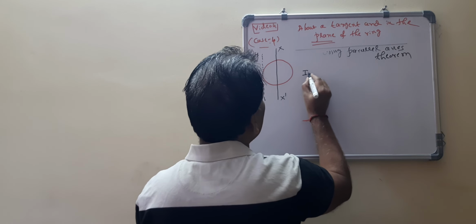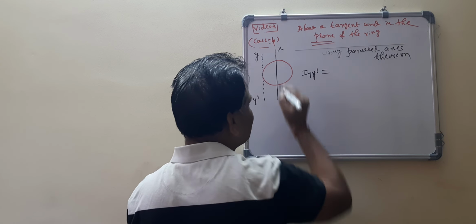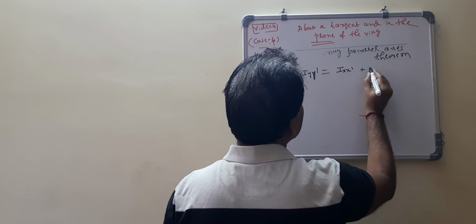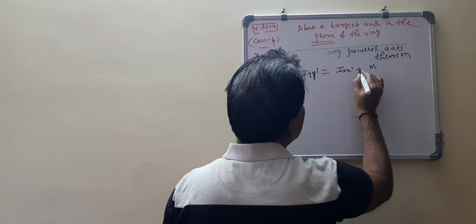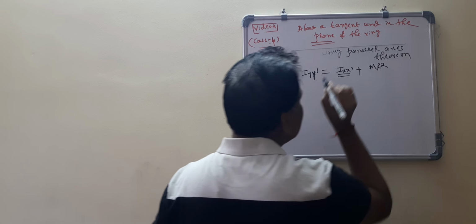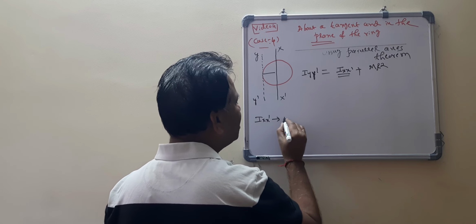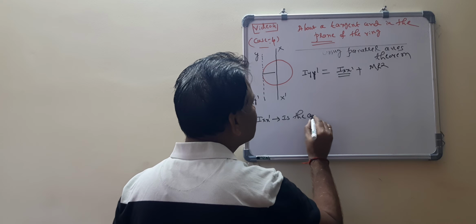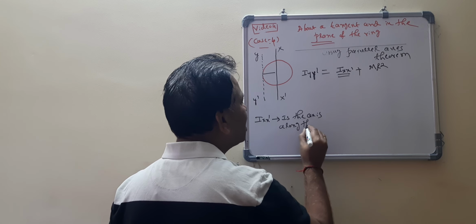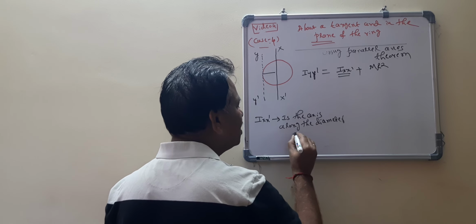Here, I y dash equals, passing through its center of gravity, of course, I of x dash plus m into this distance. What is this distance here? M r square. Where I x dash is the axis along the diameter of the ring.